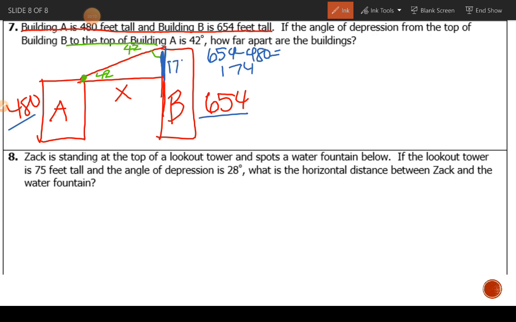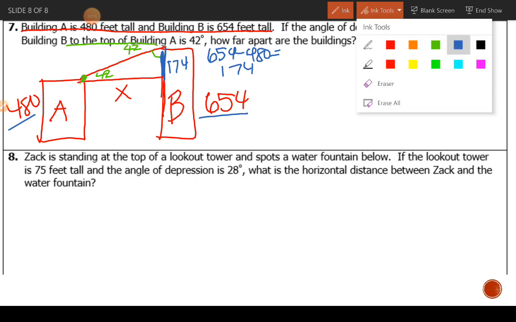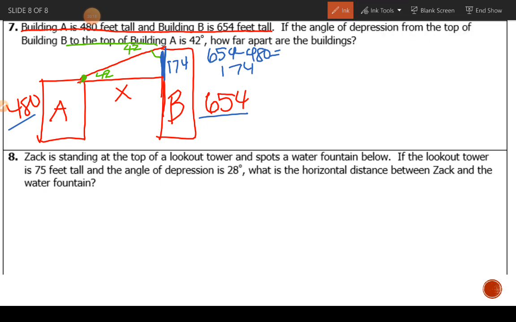So 174, that's going to be our height. So when we label our triangle from here, we have the hypotenuse, the opposite, and the adjacent. So again, we're not using hypotenuse. We are going to be using tangent of 42.